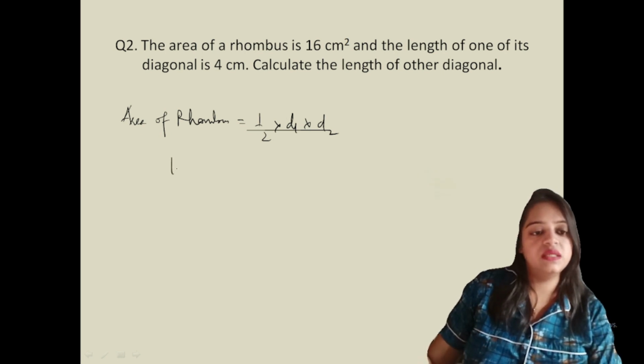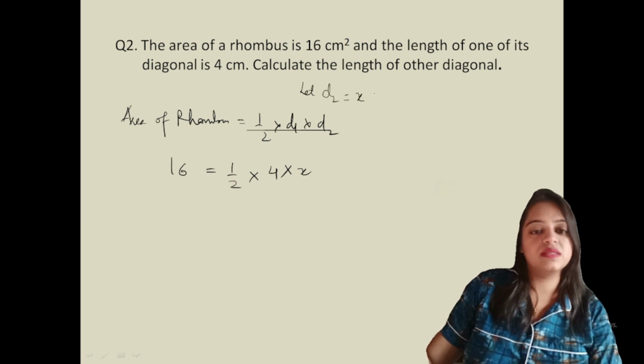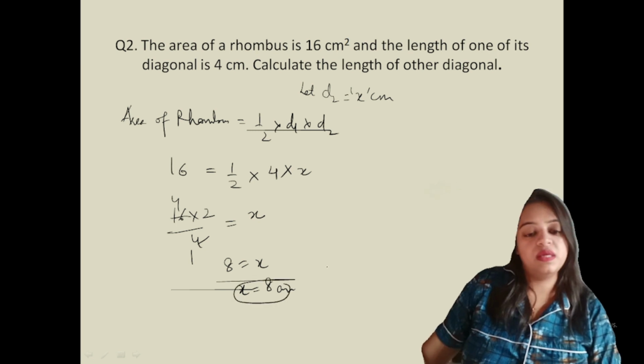Area is 16 and one diagonal is 4, the other diagonal we don't know. I am assuming that to be x. Let diagonal 2 be x centimeter. Okay, let's do the calculations now. 16 into 2 divided by 4 is x. This cancels out. 8 is equal to x. x is 8 centimeter. It means the other diagonal is 8 centimeter.